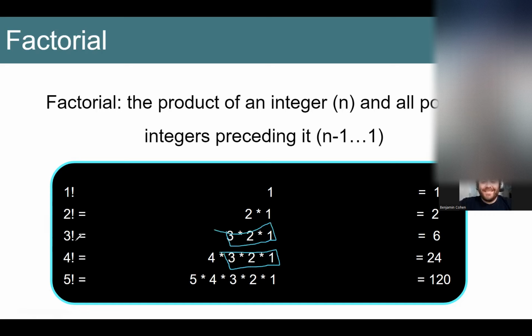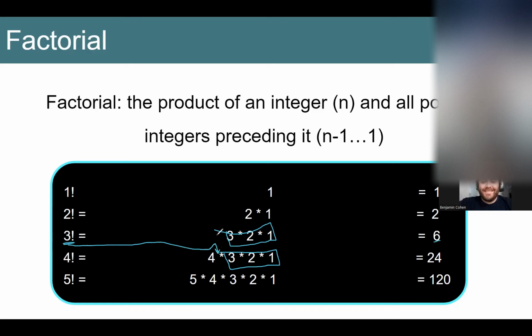For 3 factorial, the answer is 6, and 6 times 4 is 24. Then for 4 factorial, 24 times 5 is 120. That would be 5 factorial, but essentially, yes. So 4 factorial is 4 times the 3 times 2 times 1 part, which is the same thing as 3 factorial, which is 6.